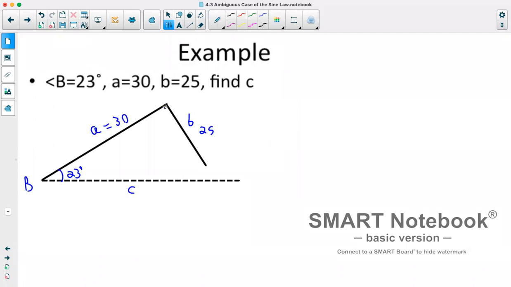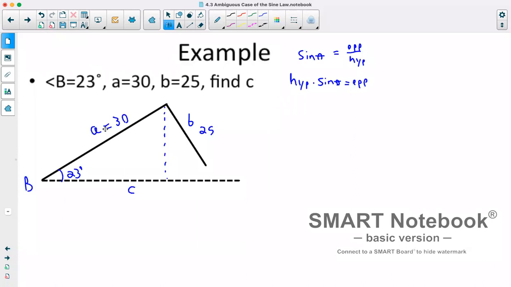Okay, so first thing we're going to do is find that height here. So doing so, we're using sine. So sine of our angle is equal to opposite over hypotenuse. Rearranging that, we get hypotenuse times sine of our angle gives us our opposite.